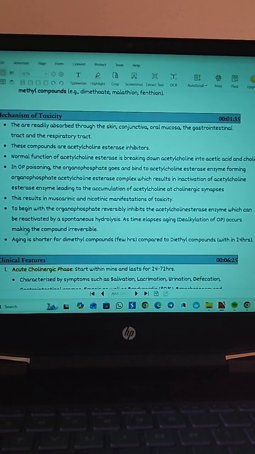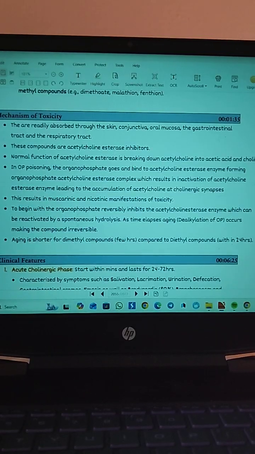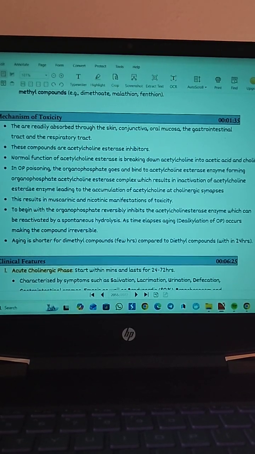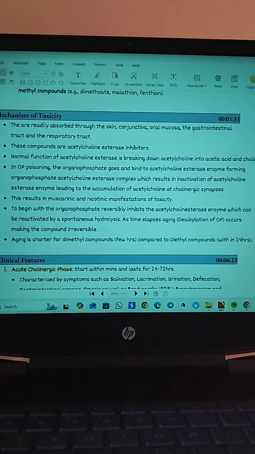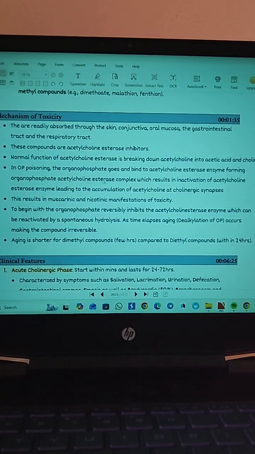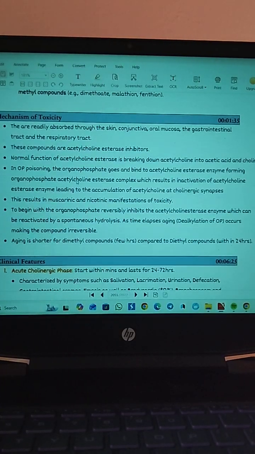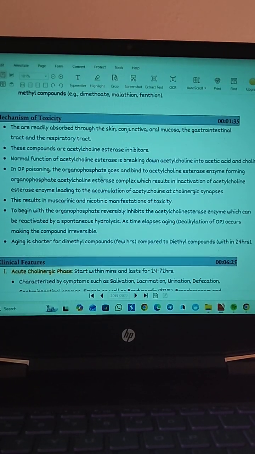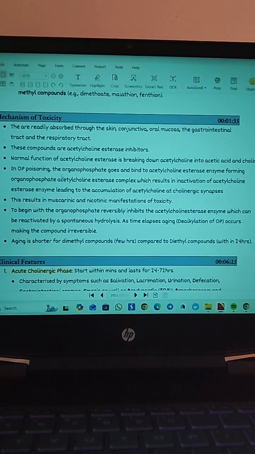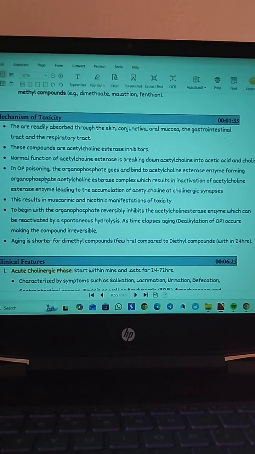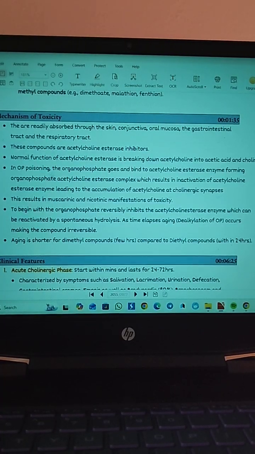Initially the complex can be reversed by cutting the bond with the organophosphate, but later it becomes an irreversible compound.